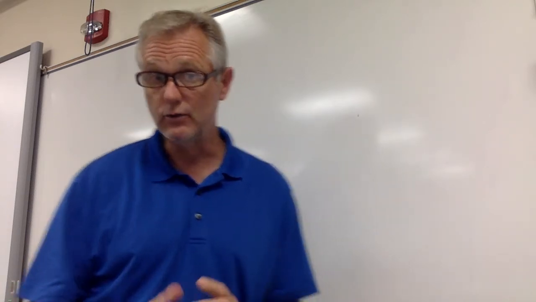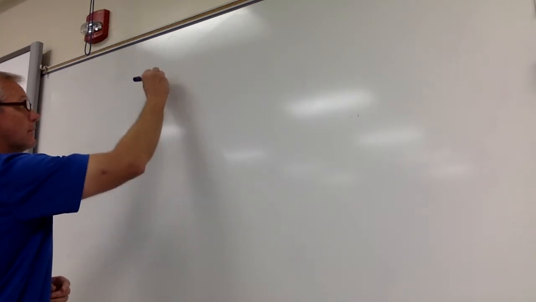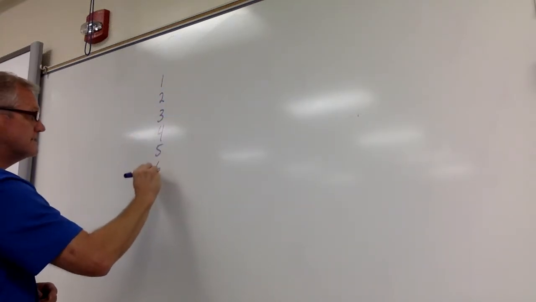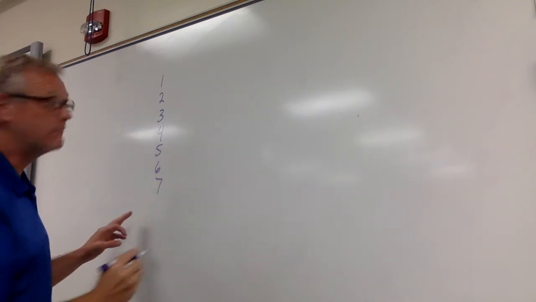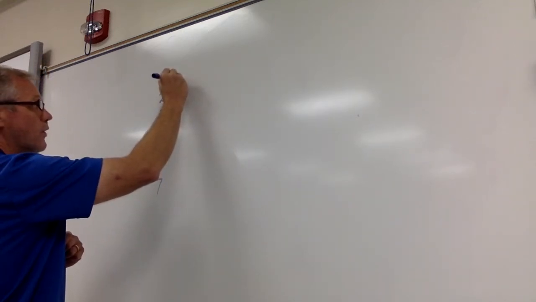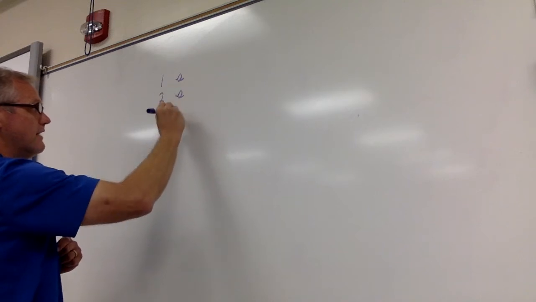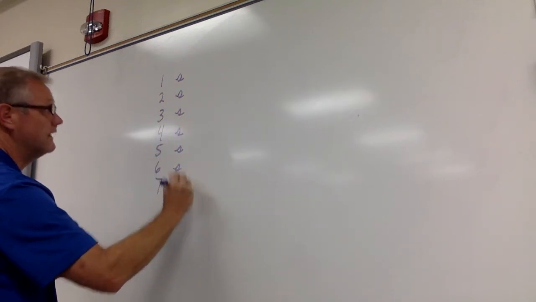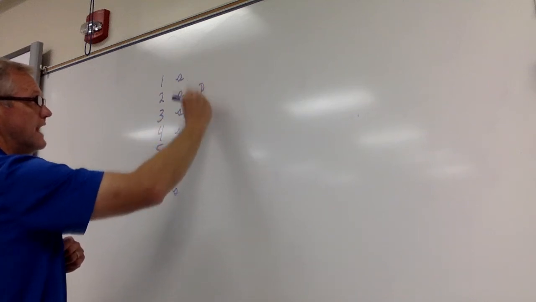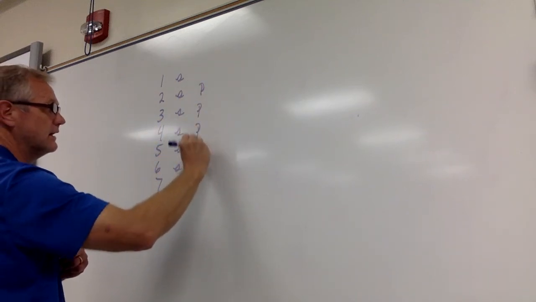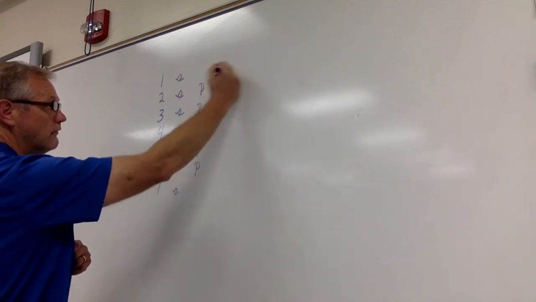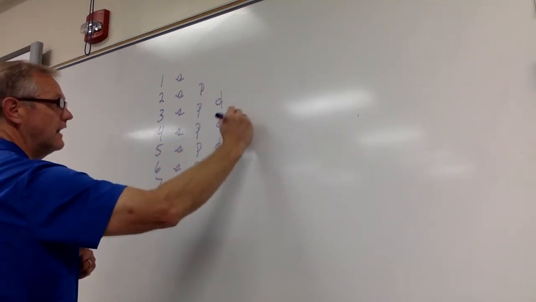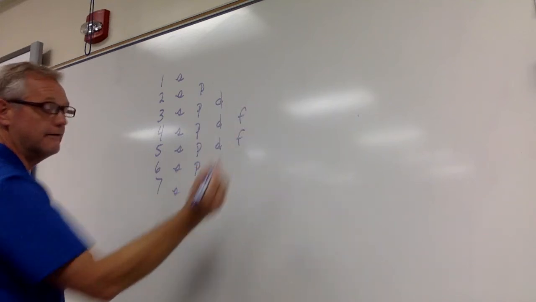So the first thing I do when I'm writing the pattern is I number 1, 2, 3, 4, 5, 6, 7. Then I'm going to give energy or orbitals from the least, so everybody gets an S. Then I come over 1, down 1. The next orbital is a P. Over 1, down 1. The next orbital is a D. And the last orbital is an F.